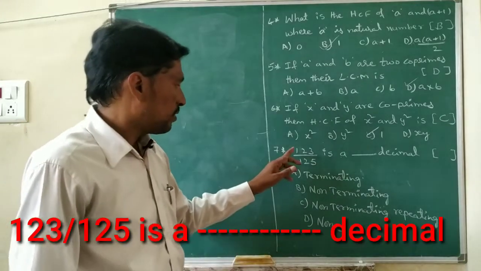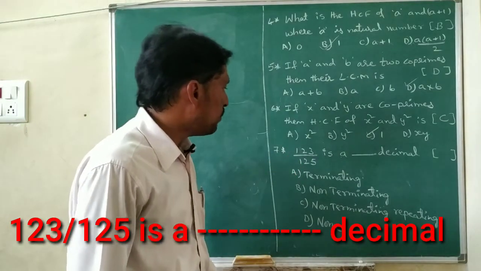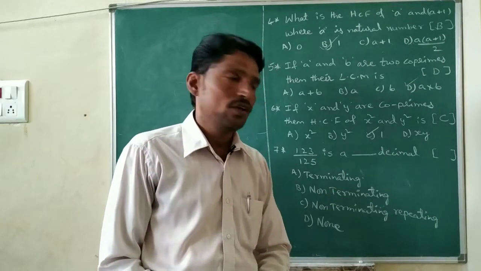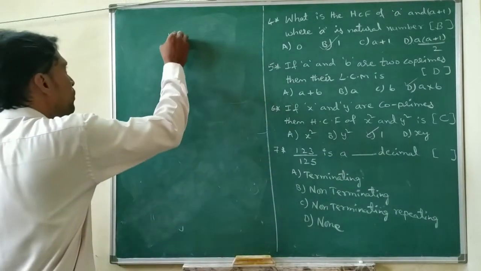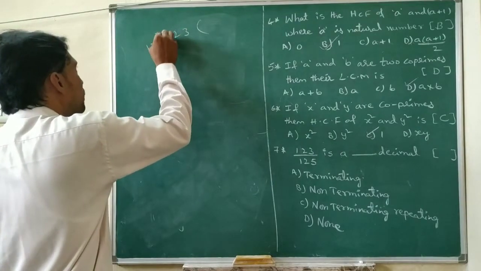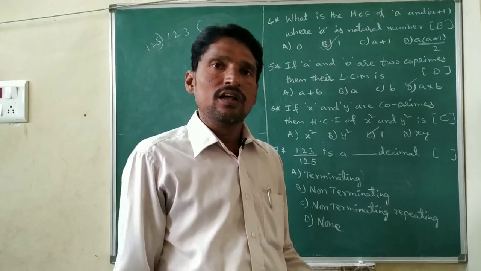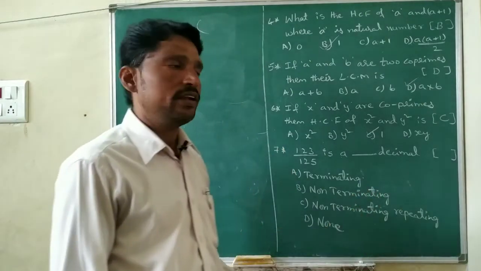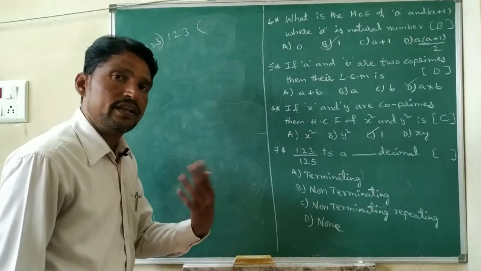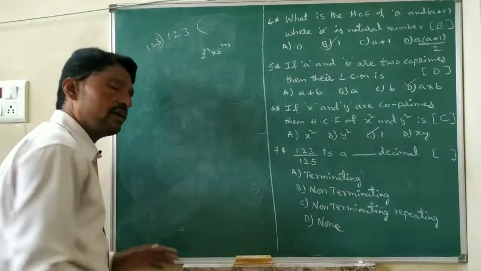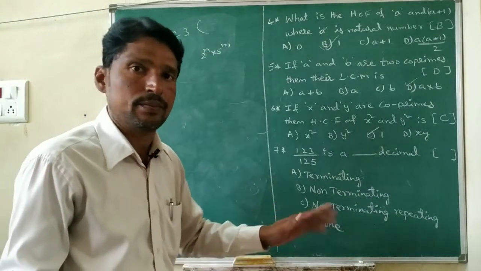If 123 by 125 is a dash decimal, how do we have to check it? We have a theorem that we need to apply. If the denominator is of the form 2 power n into 5 power n, it is terminating, otherwise it is non-terminating and repeating.